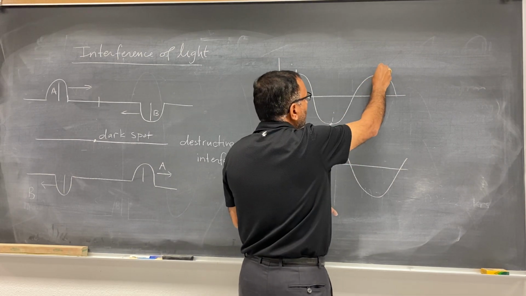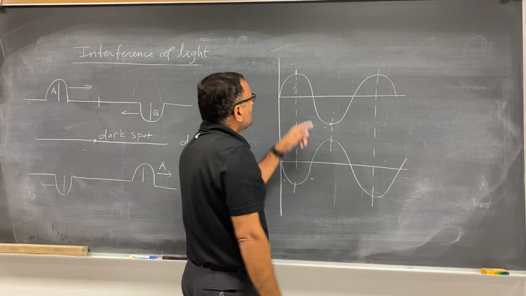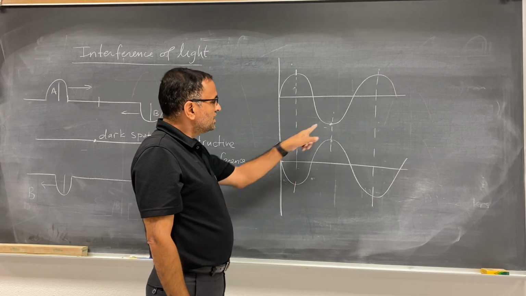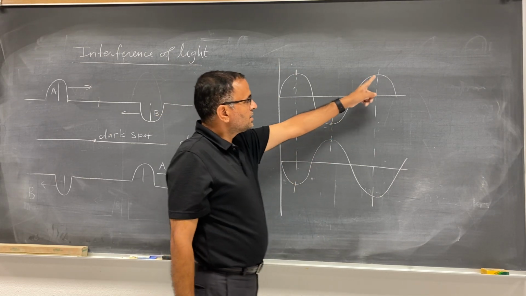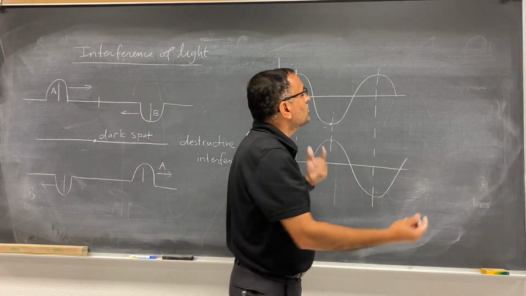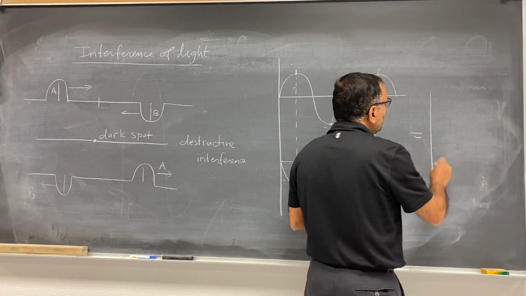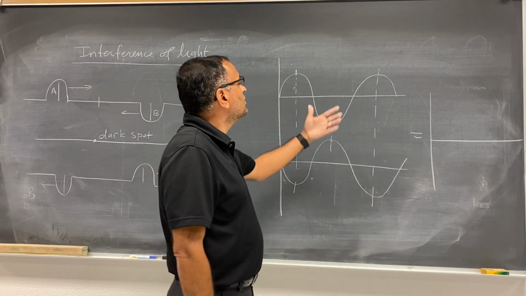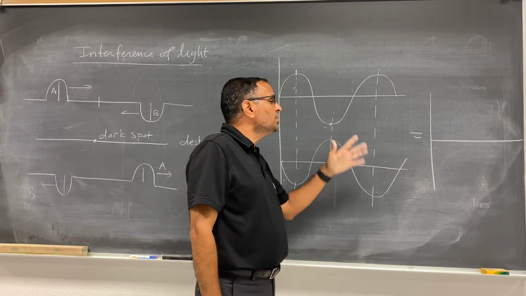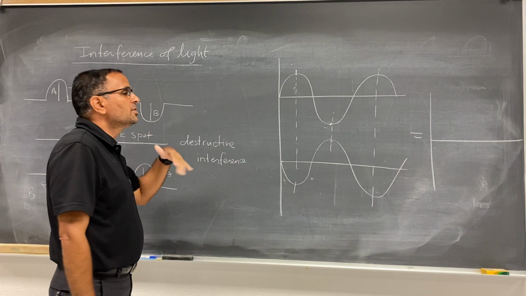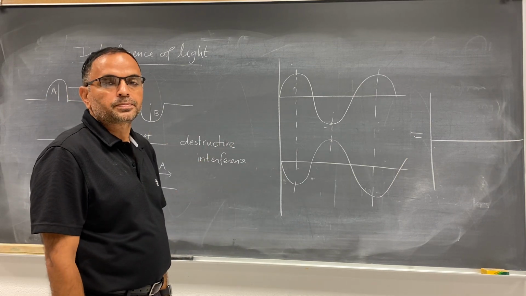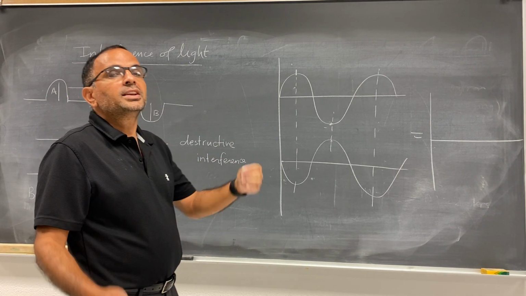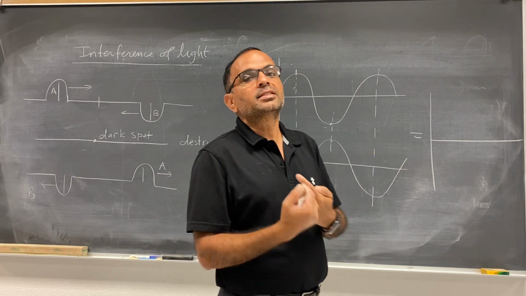And here this crest falls on the trough. So this crest cancels the trough, this trough cancels the crest, this crest cancels the trough. So what is your result then? Your result is simply nothing, like this. So this is also destructive interference. Same thing, this diagram and this diagram, that's a different way of drawing only. So destructive interference, they cancel out.